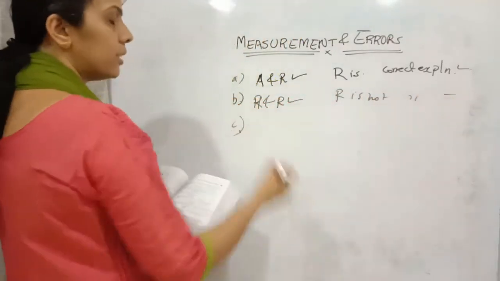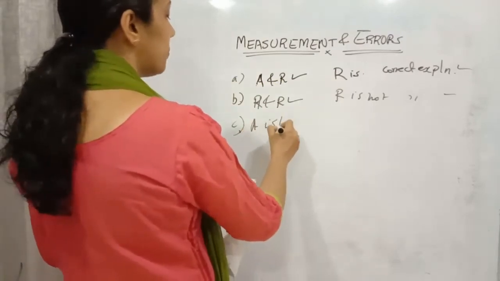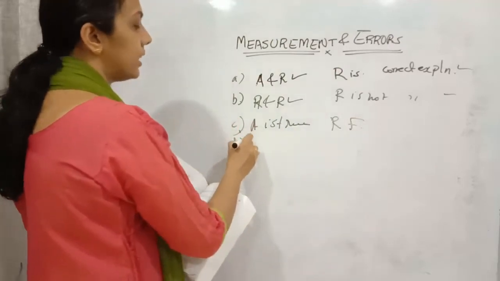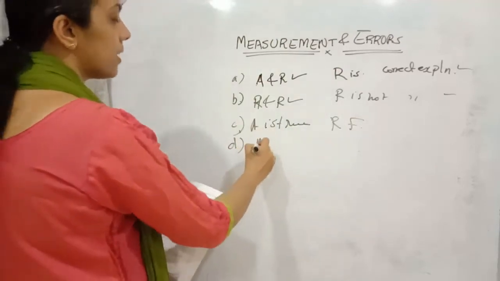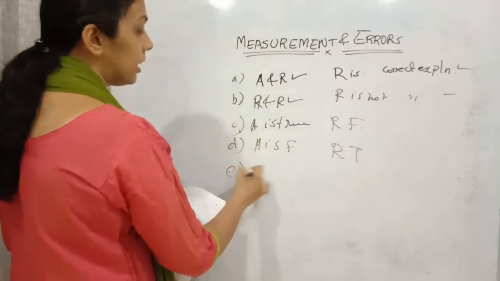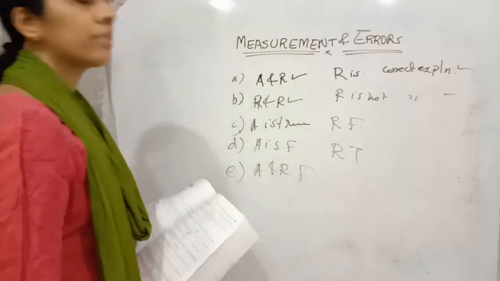And the third one which can come is assertion is true, reason is false. And D, assertion is false and reason is true. E, assertion and reason are false.